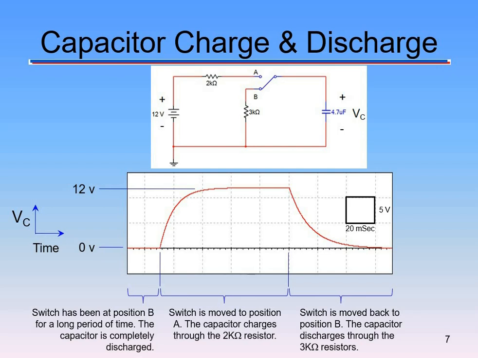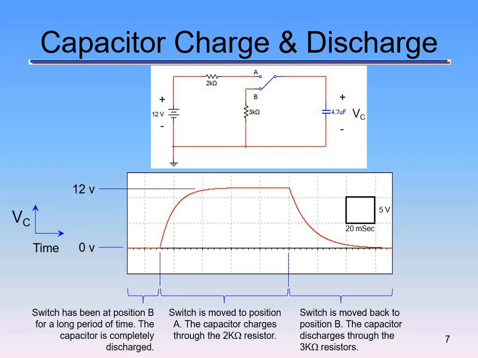The switch goes to A, and we start charging, almost instantaneously. It's exponential, right? It's the equation. We get up to 12 volts, and then we start to level out at 12 volts. We've made it through 5 time constants. And then we flip the switch from A to B, and the capacitor discharges. That's the exponential decay curve that you see.